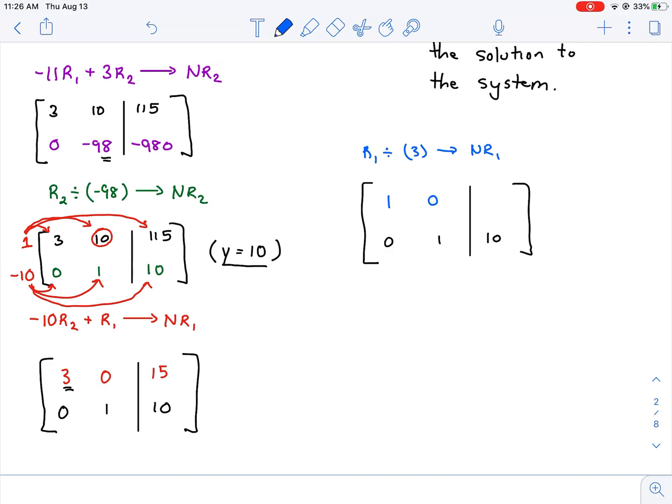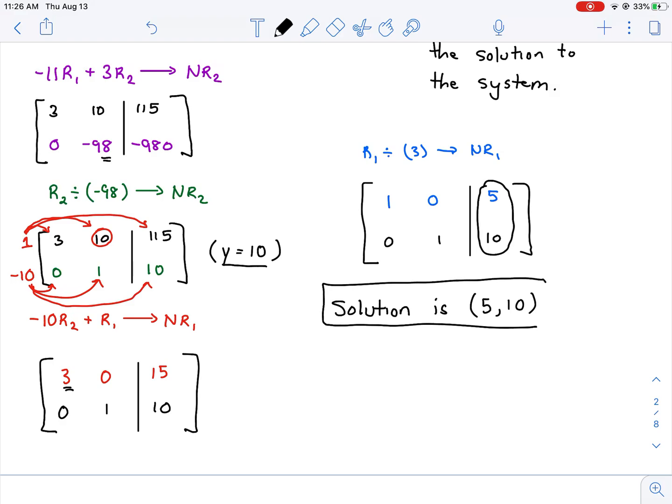And 15 divided by 3 is 5. So notice the solution is right there. The solution is (5, 10). And that is the Gauss-Jordan method for solving a system of linear equations.